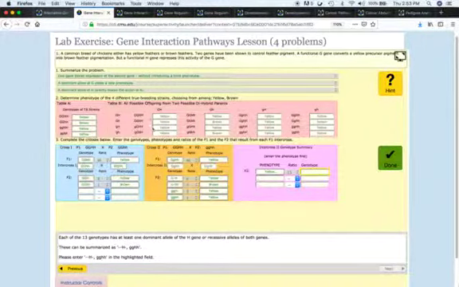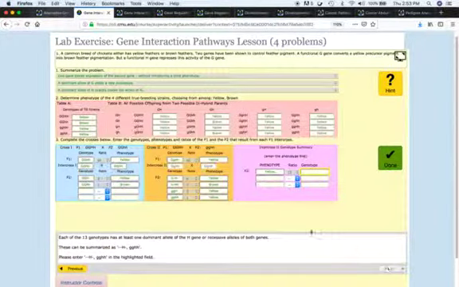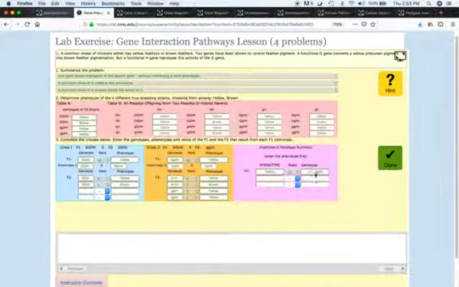and as the student is solving the problem, if they don't know what to do, they can ask for help by clicking the help button, and then get more help by clicking this, and eventually it will explain to them what they need to enter here, and this is the answer for that.